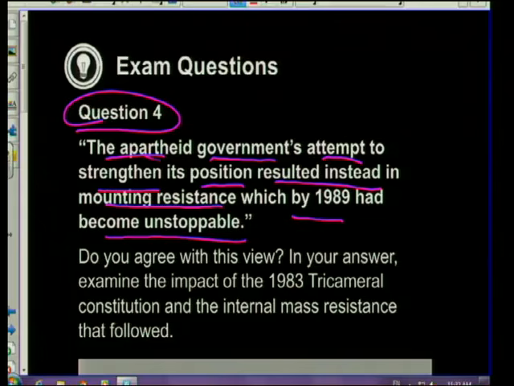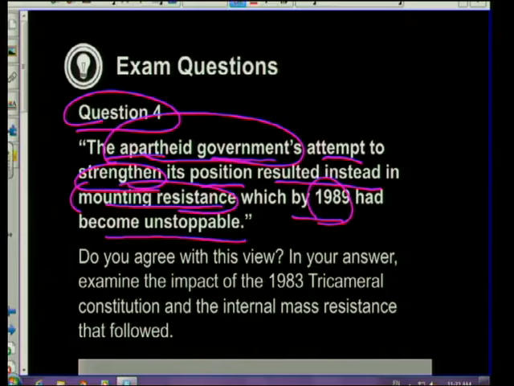Let's go back to the statement in question and highlight the important words. We know that definitely it's focusing on the apartheid government's attempt to strengthen its position. In doing so, it resulted in mounting resistance, which by 1989 had become unstoppable.